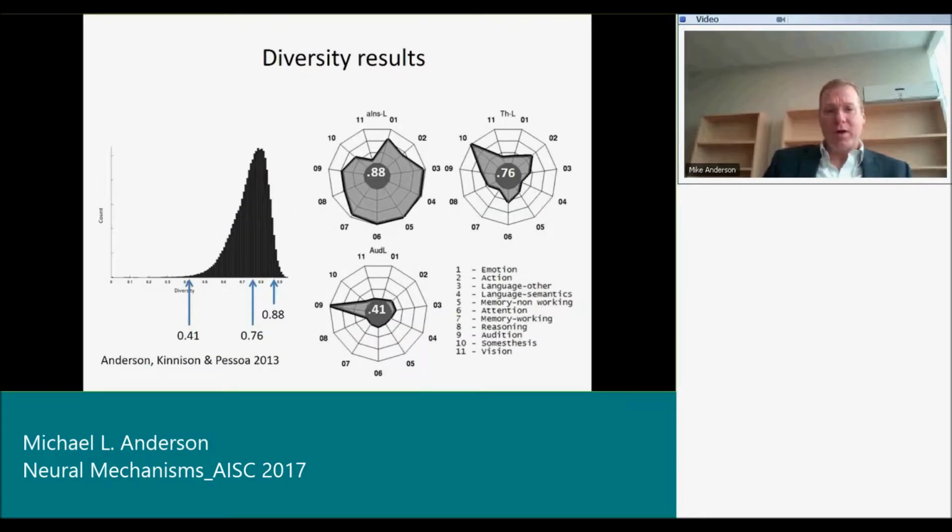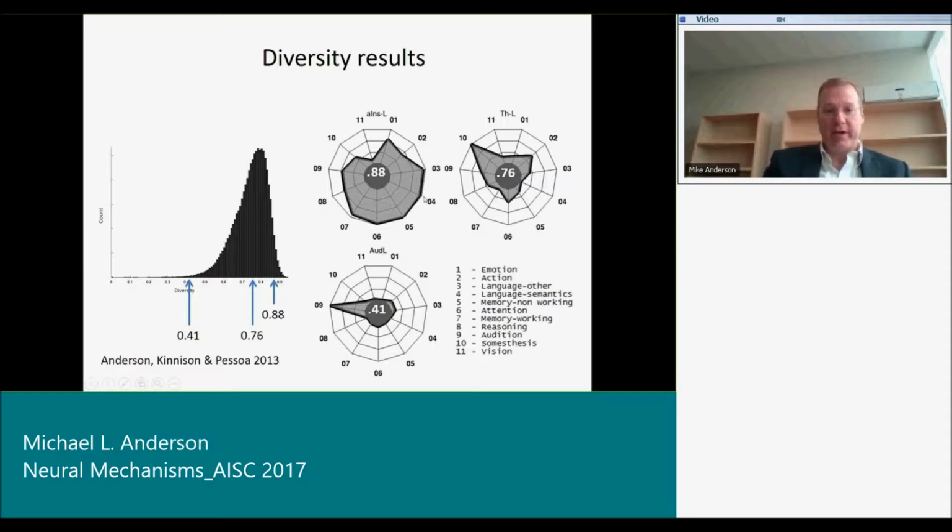So here's just one example of the notion that individual parts of the brain are reused. I want to orient you to these plots for a minute because they're important. So these are called spider plots. In the way I'm going to be using them, each of these vertices indicates a particular category of psychological function.